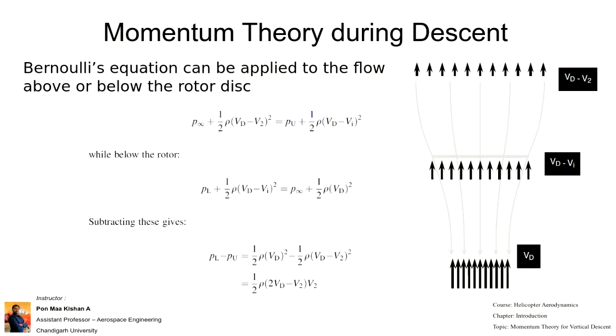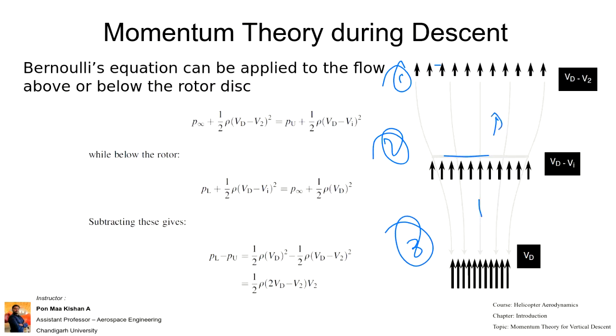The steps we are following: first is continuity, then we take Bernoulli's equation. So here we have sections 1, 2, 3: above the rotor, and below the rotor.